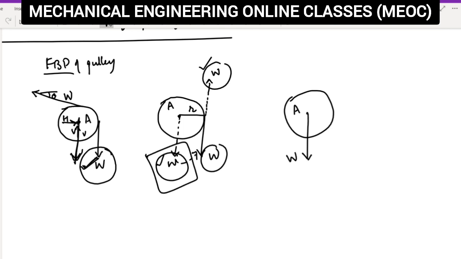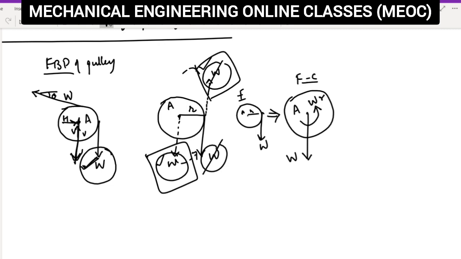Because of this W and this W, an anti-clockwise couple is generated, whose value is nothing but one of the forces times the perpendicular distance, which is W into R. And these two W's get cancelled. So this force system is converted into a force couple system. So this particular force W is taken care of. Now this W is acting through point A with a couple attached to it.